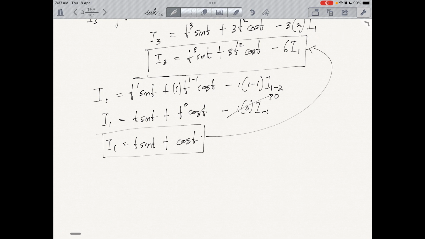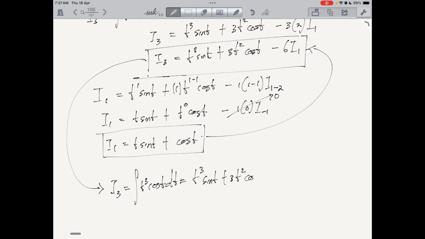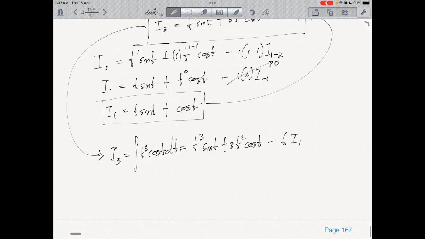We can now substitute into I_3, which is the same thing as the integral of t^3 cos t with respect to t, and will be t^3 sin t plus 3t^2 cos t minus 6 I_1. Now let's make our substitution of I_1. So this gives us t^3 sin t plus 3t^2 cos t minus 6 into (t sin t plus cos t).